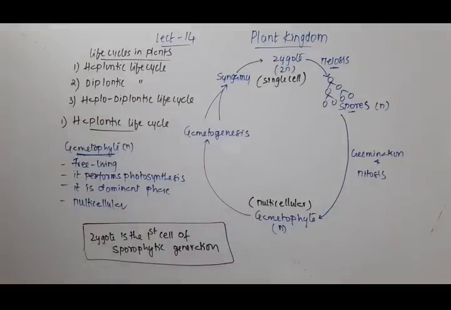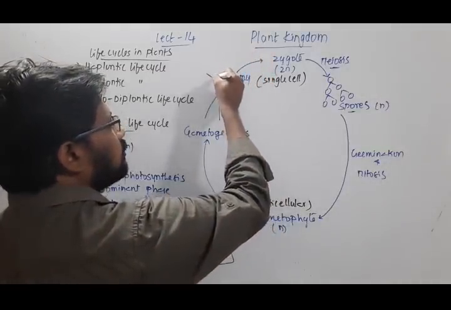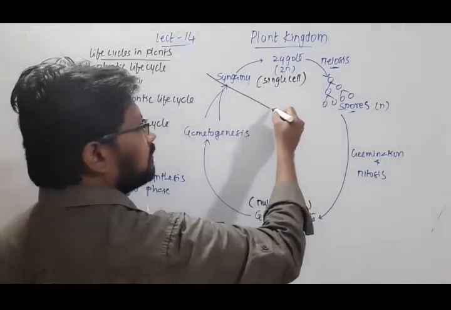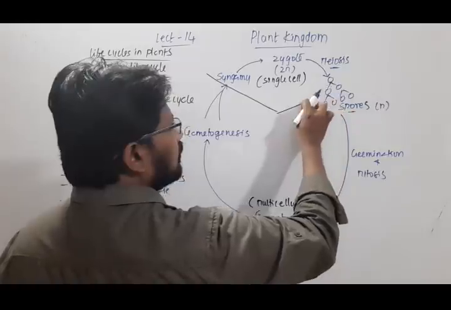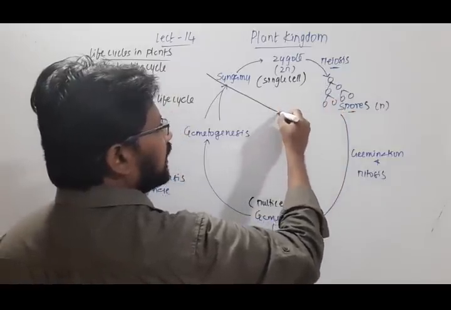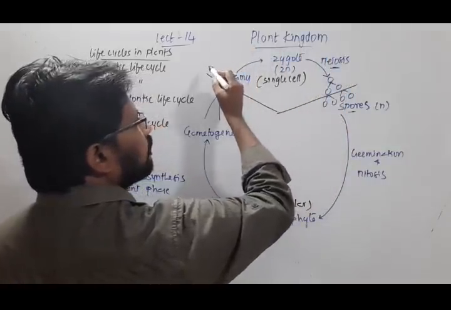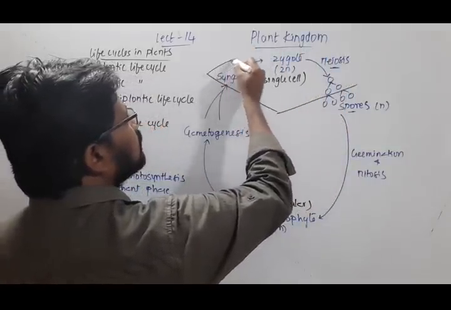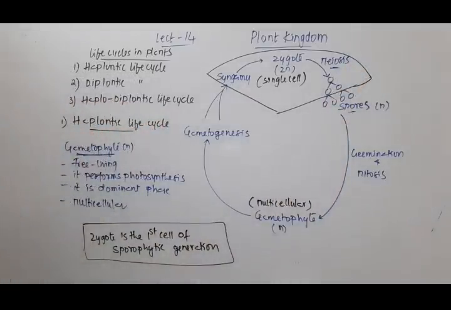Now, only this portion, marked in the black box, is the sporophytic generation.